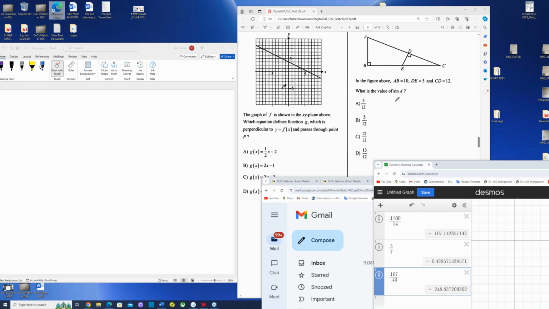Next is this question. AB equals 10. DE equals 5. CD equals 12. What is the value of sine of A?